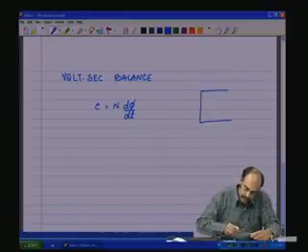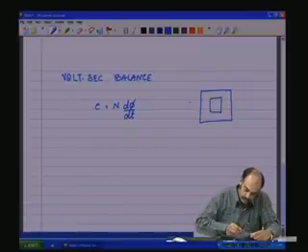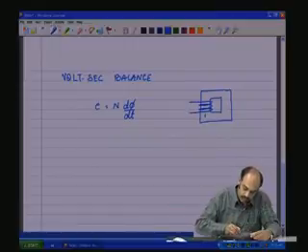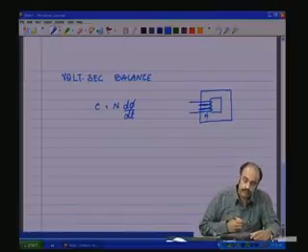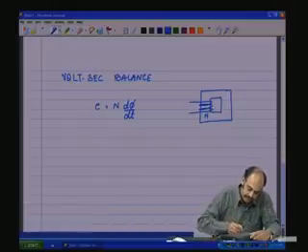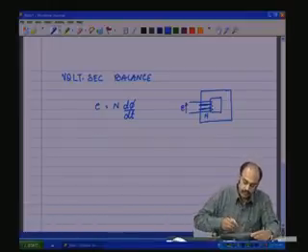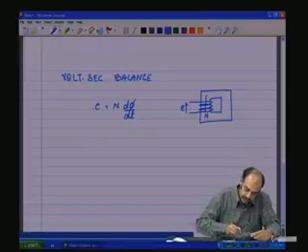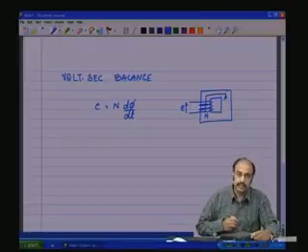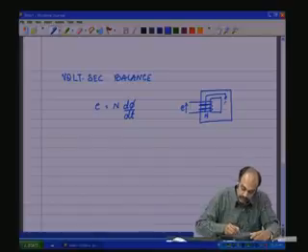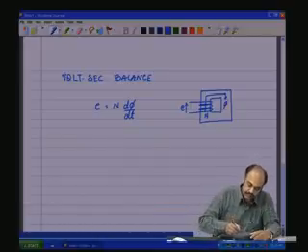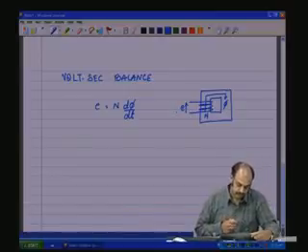That is, if we have a core with N turns winding on the core, and then if we apply a voltage E, there is going to be a flux set up due to the fact that there is a current flowing, and the rate of change of flux into N is going to induce the same voltage E here.